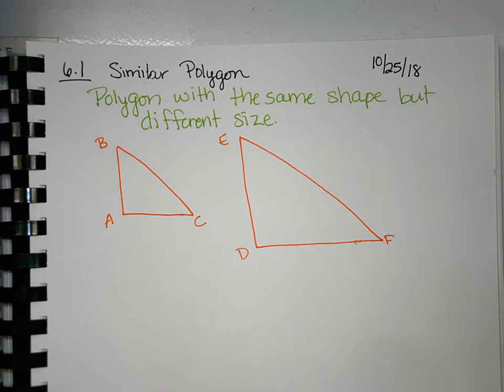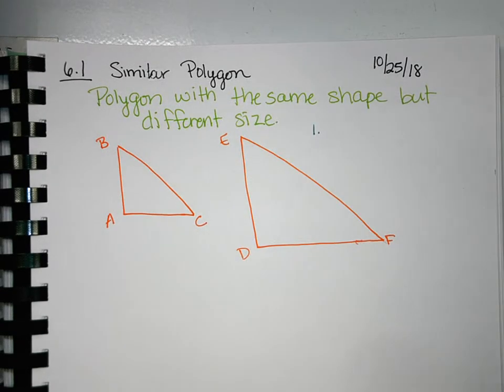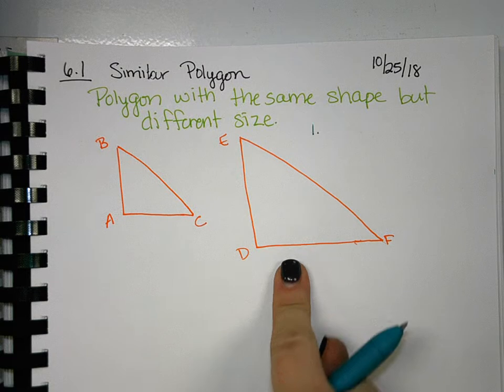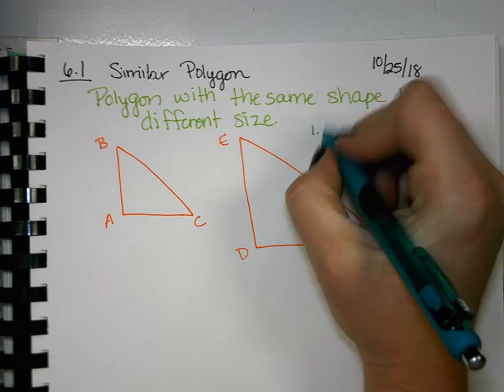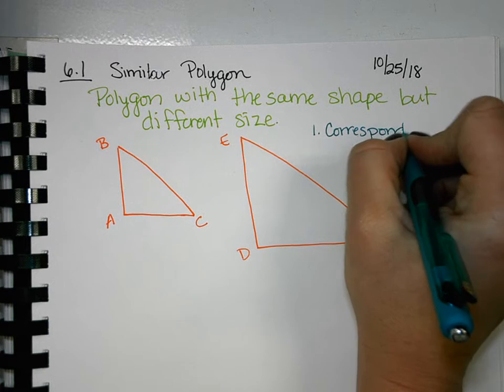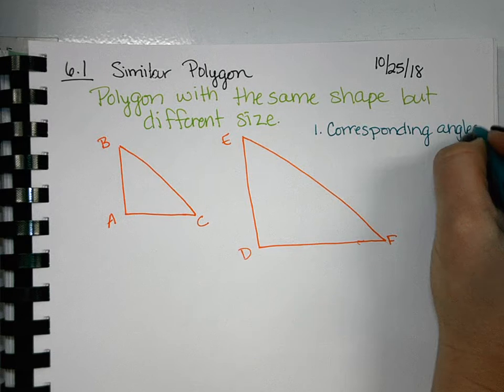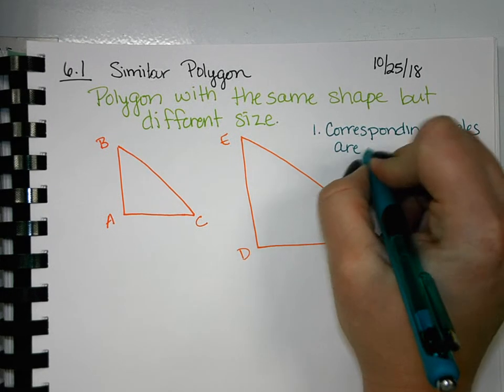So if we're going to be able to say that these are similar, two things have to be true. If ABC is similar to DEF, all corresponding angles would have to be congruent.